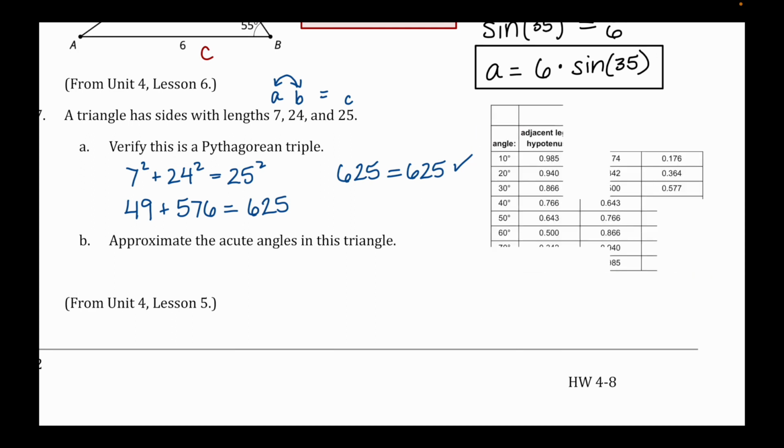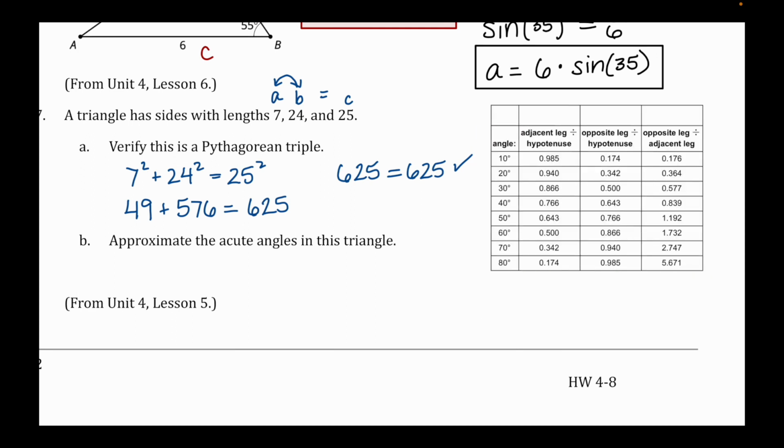Okay, so I'm going to leave it right there, and then we'll highlight some stuff from this. I'm also going to draw myself a reference here because I have a hard time imagining these things without actually having a triangle to reference. It's not going to be to scale, but this would be like 7, 24, 25.